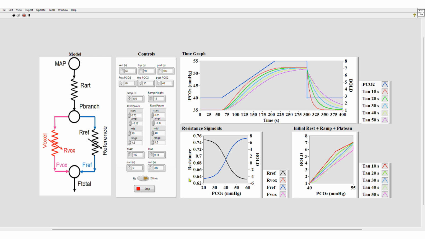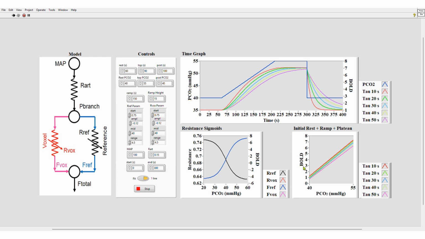The resistance sigmoids and their resulting flows versus PCO2 are shown in this panel. And here is a panel showing the time course of the bold response to a CO2 stimulus for several time constants tau. Finally, there is a panel showing the linear regression fits of bold versus CO2 to measure CVR as the slope.